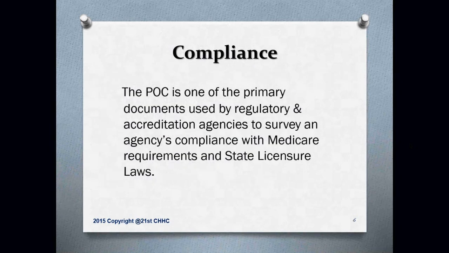Again, the plan of care is the primary document that the regulatory and accrediting bodies use to survey to make sure that you're in compliance not only with the Medicare requirements, but also some state license laws.